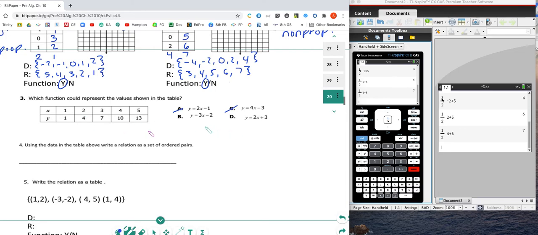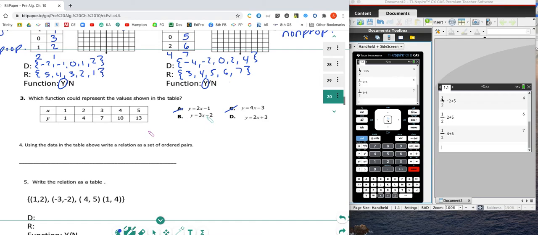Let's try B. 3 times 1 is 3, minus 2 is 1, so that one works. 3 times 2 is 6. 6 minus 2 is 4. That one works. 3 times 3 is 9. 9 minus 2 is 7.